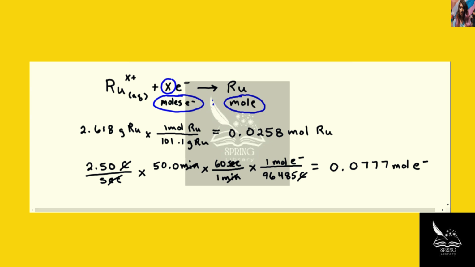Okay, so going back to my original equation up here, this 0.0777 should be some multiple of 0.0258. So let's see about that.